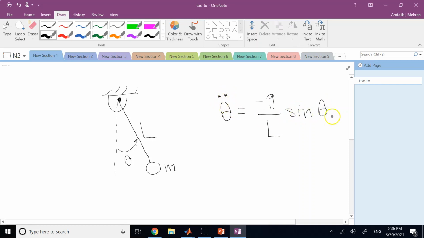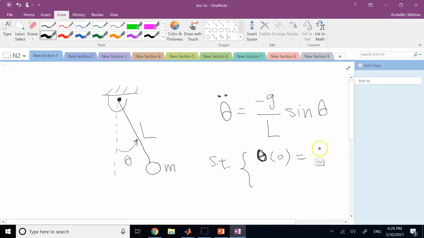It's a second order ODE, it is nonlinear, and since it's second order, let's say you have two initial conditions. Let's say you bring the pendulum to some angle, any angle you want, as long as it is not really small. So let's say 45 degrees, or pi over 4.